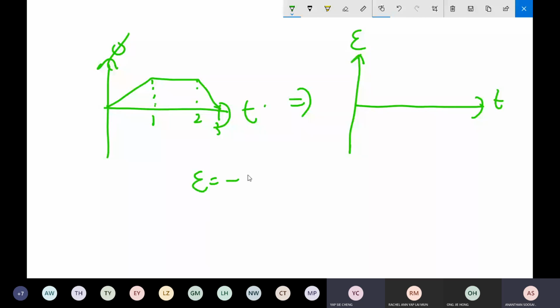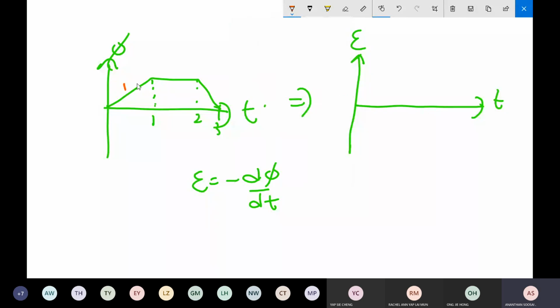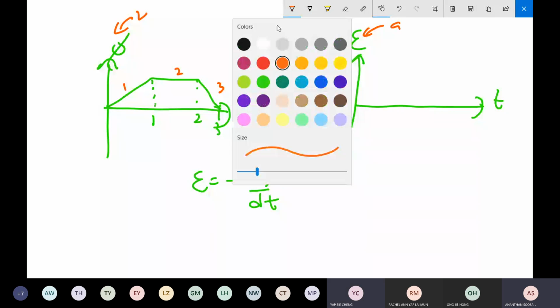EMF is negative dψ over dt. Okay, draw the first one, second one, and the third one, part by part. Draw the first one first. The flux, imagine as your velocity. The EMF, imagine like your acceleration. So draw the acceleration graph first. How is the graph going to look?